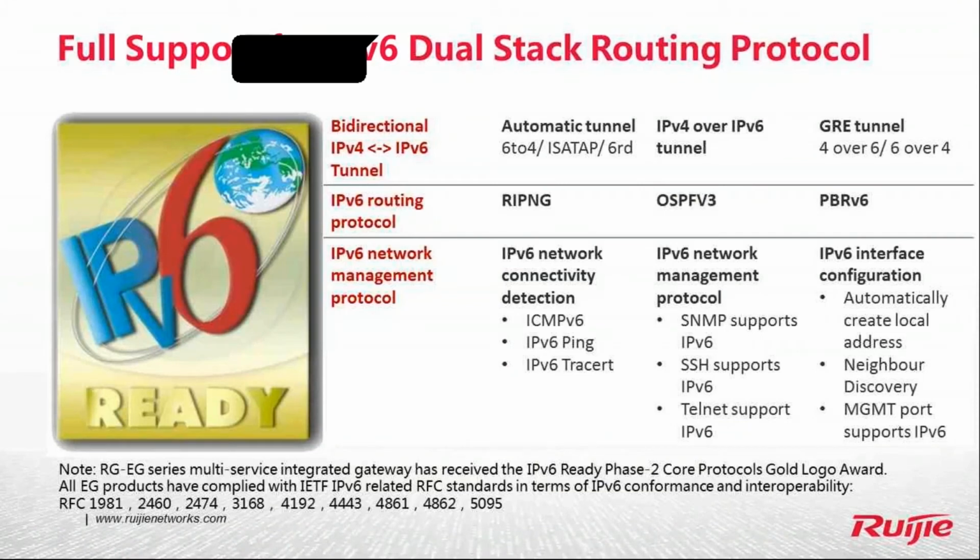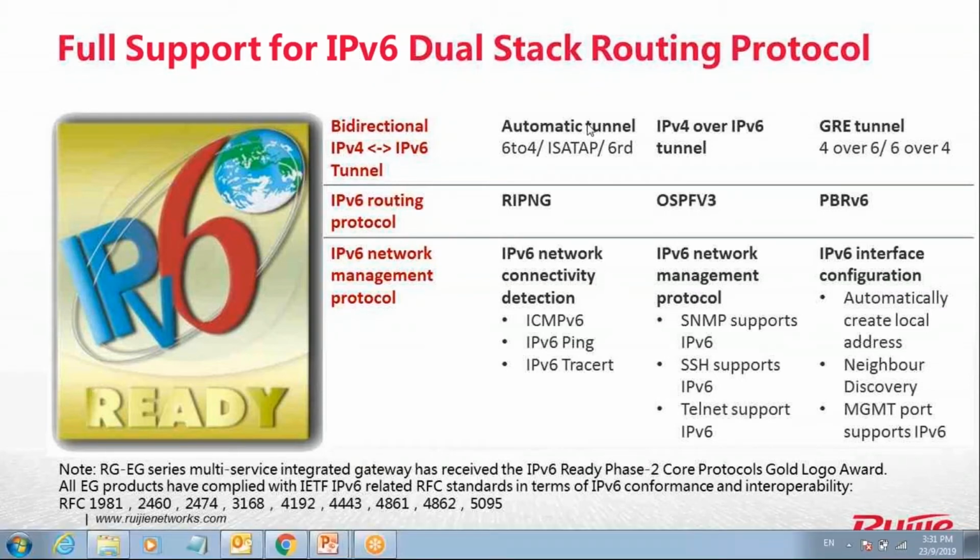Full support for IPv6. Okay, we already have IPv6 ready for our EG gateway interface, but you need to turn it on using a command. In the GUI you can't see it, so you need to use the command to turn on IPv6.